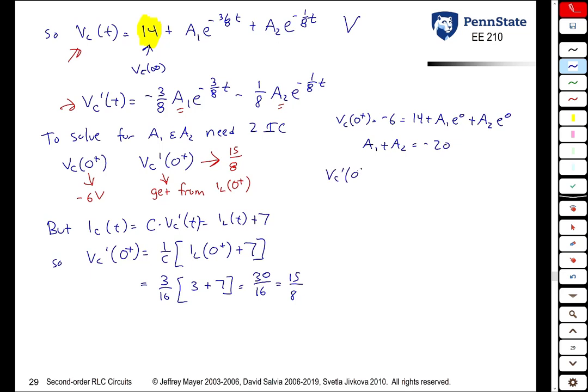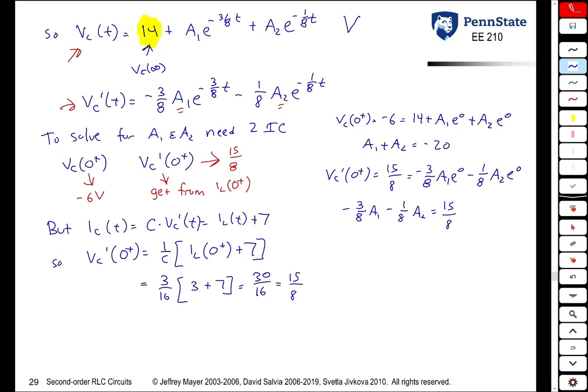Vc prime of 0 plus, our second initial condition, the one that we derived, is 15/8, and it equals minus 3/8 A1 e to the 0 minus 1/8 A2 times e to the 0, or minus 3/8 A1 minus 1/8 A2 is equal to 15/8.